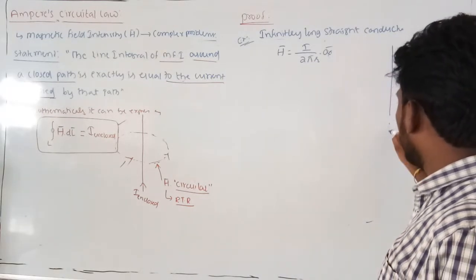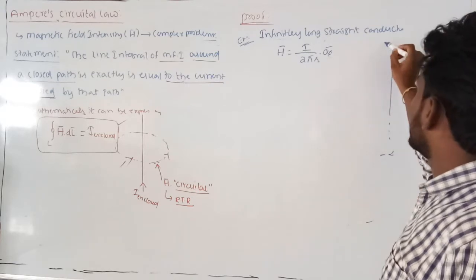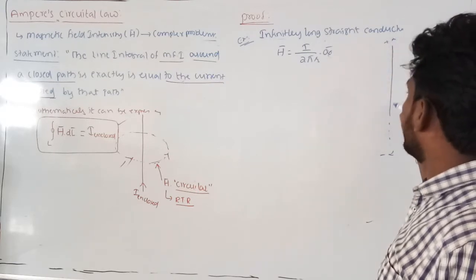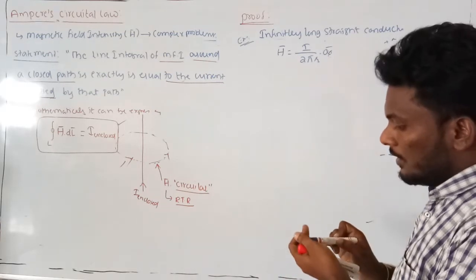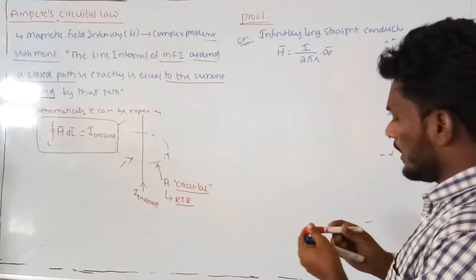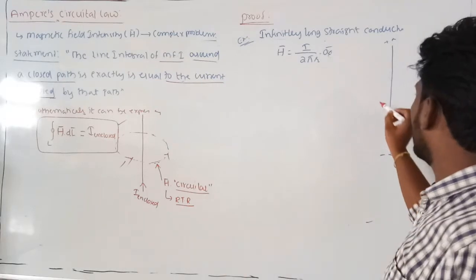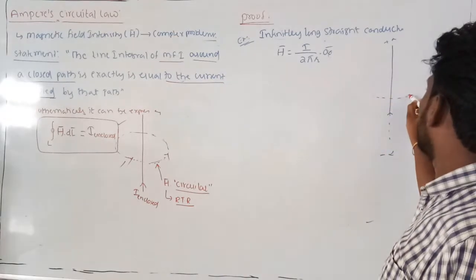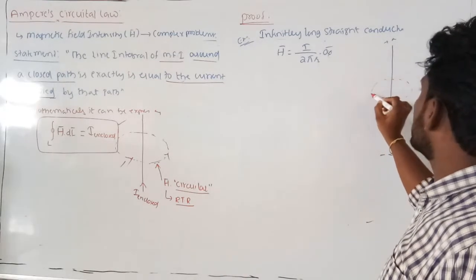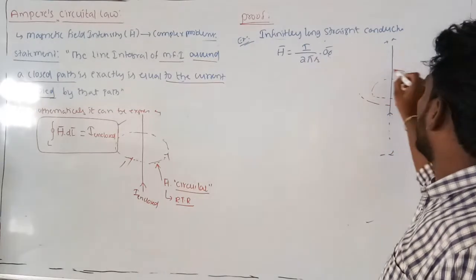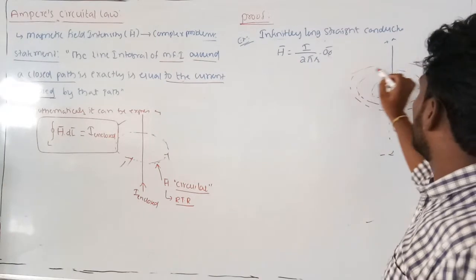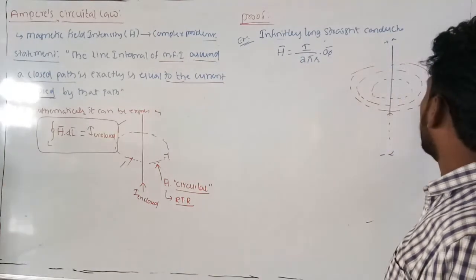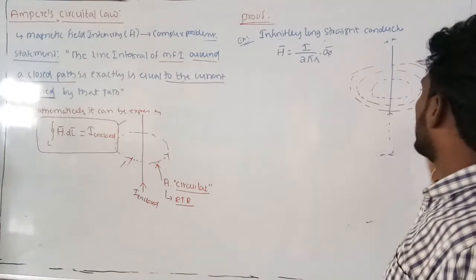This is your infinitely long straight conductor, from minus infinity to plus infinity. Whenever there is a current passing through the infinitely long straight conductor, the field is produced around this conductor like this. We have calculated the magnetic field intensity at any point on the magnetic field line.